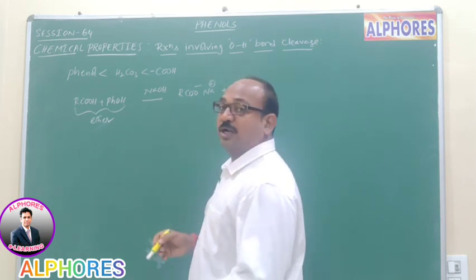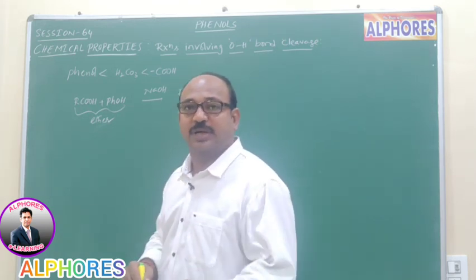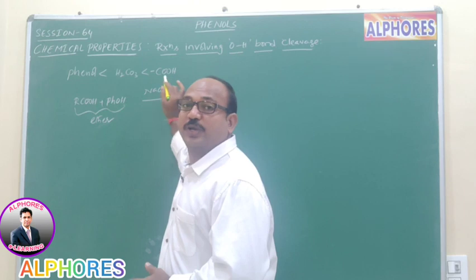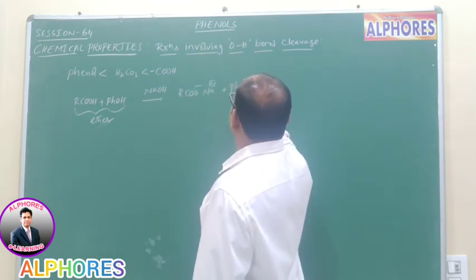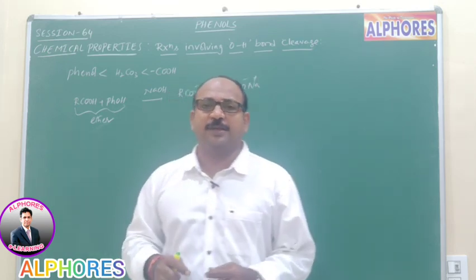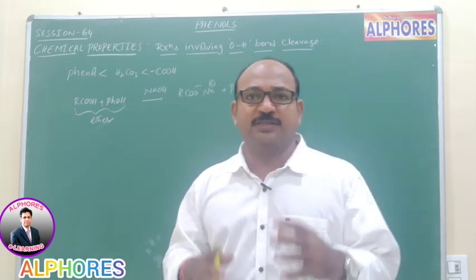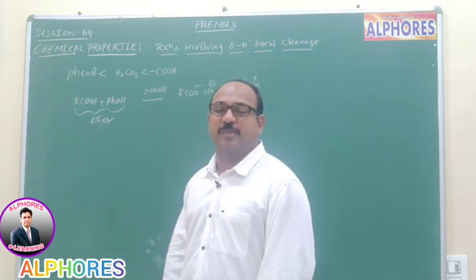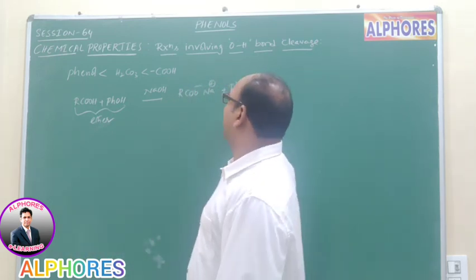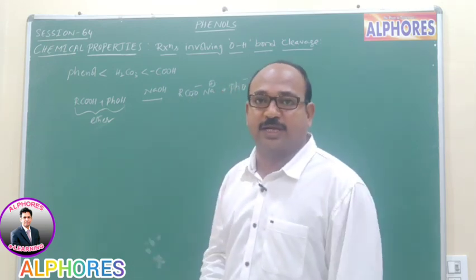Not only carboxylic acid but phenol also reacts with sodium hydroxide, and that's why we get PhO minus Na plus. That means a mixture of phenol and carboxylic acid, upon reaction with sodium hydroxide, gives salts of both.